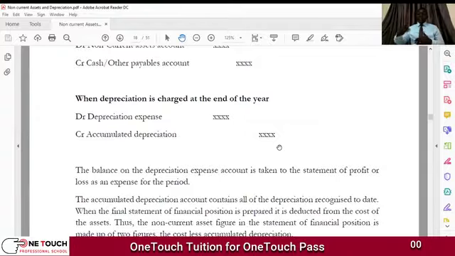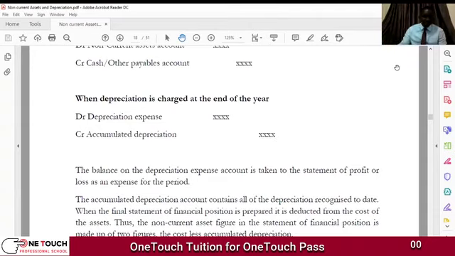So it's more of a provision account. On the actual charge, we debit the expense account and credit the provision account, just to accumulate the depreciation on that asset over its useful life.